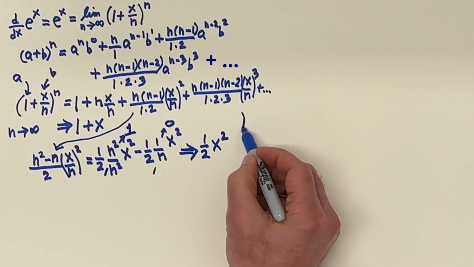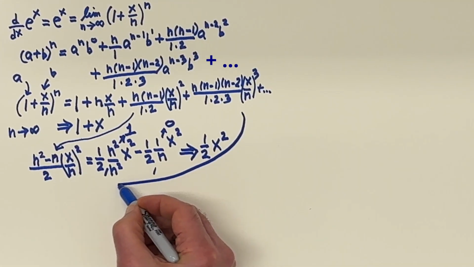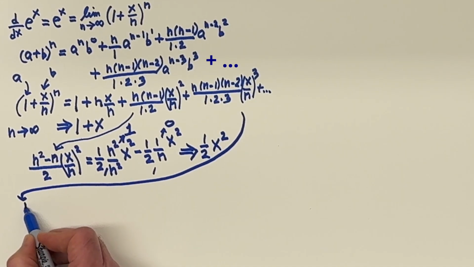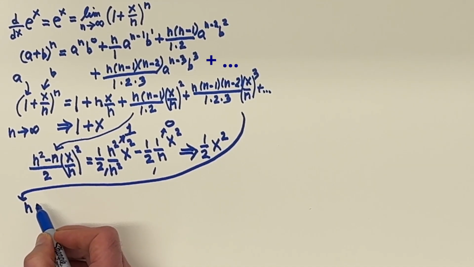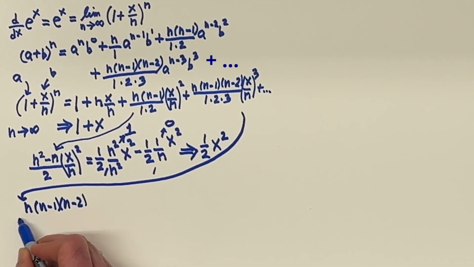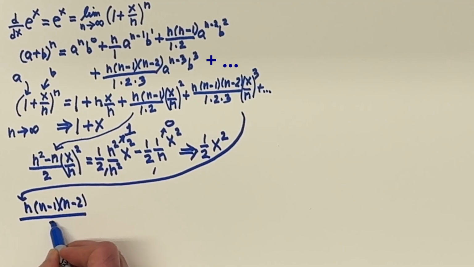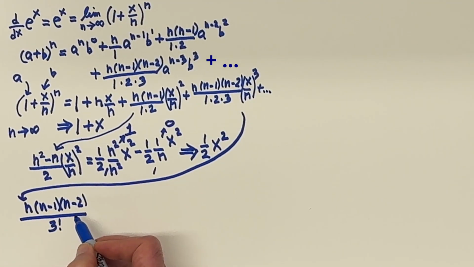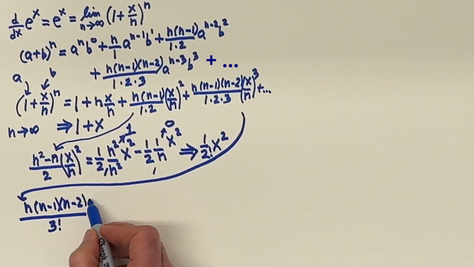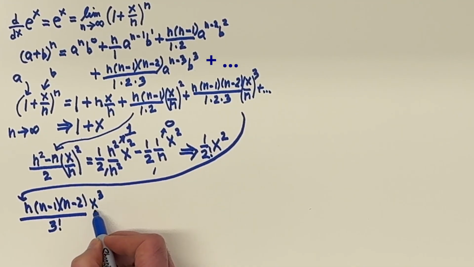Now, let's do the third one. Let's do one more here. So this is going to be n times n minus 1 times n minus 2 over, I'm going to write down 3 factorial here, and x cubed over n cubed.